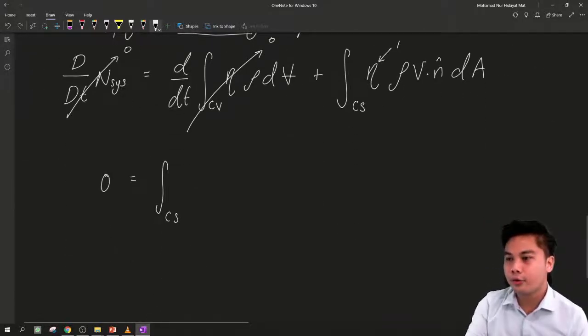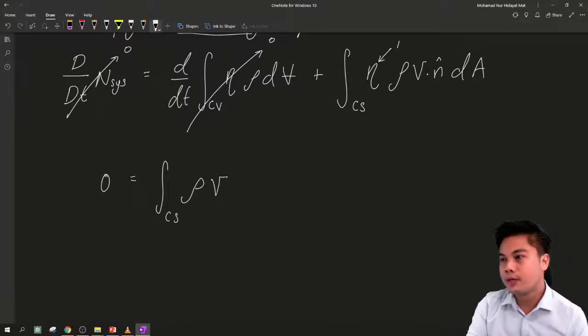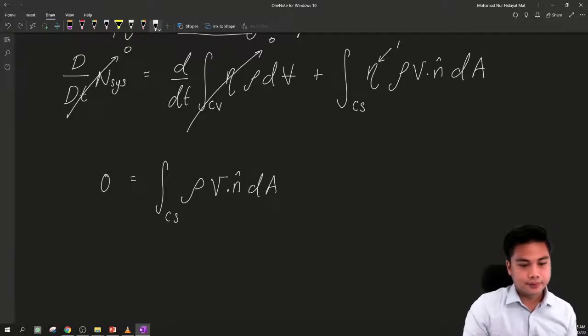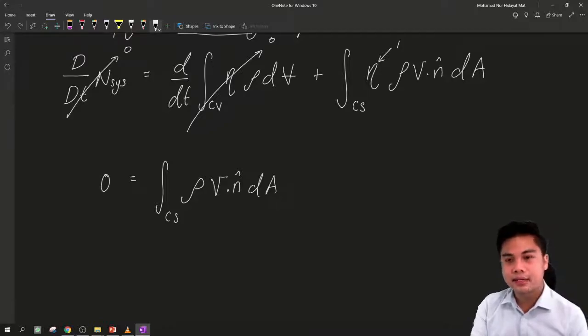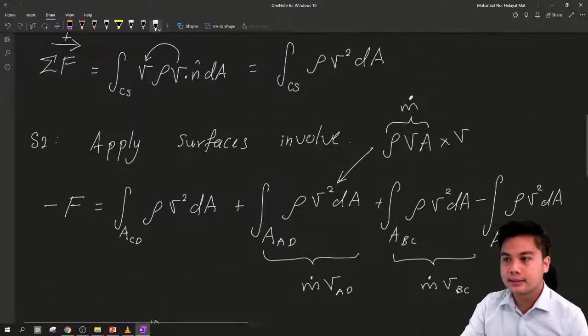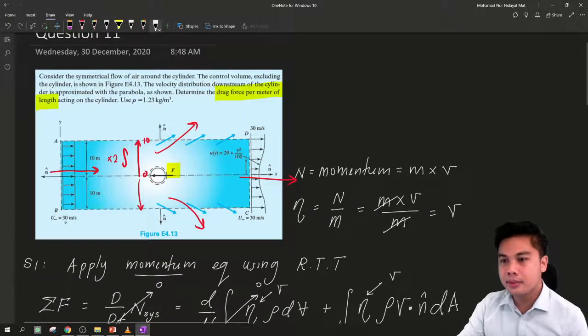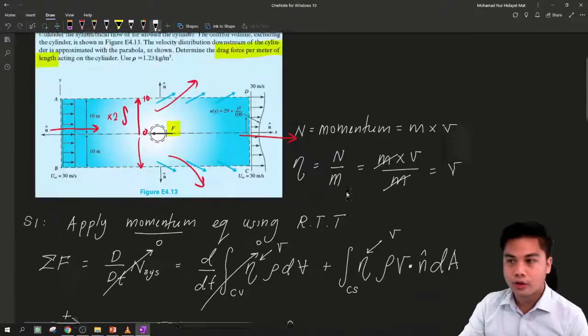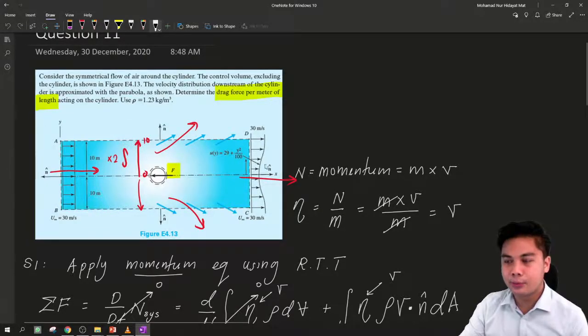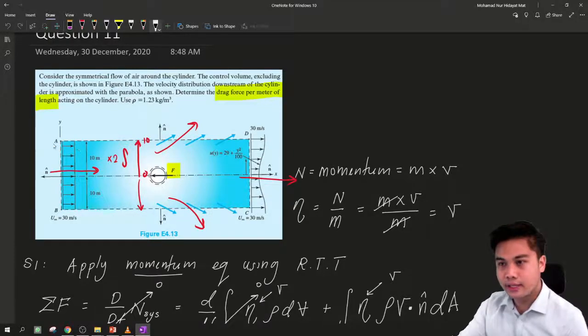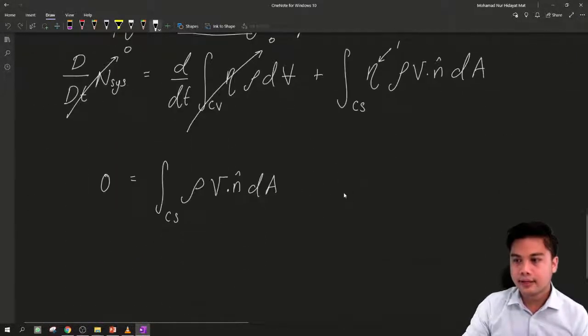Definitely you will get rho V dot n product dA. So from here, let's apply to all the flux across the surface areas AB, BC, CD, and DA. We can start with any surface area. In this case, I try to start with AD first.